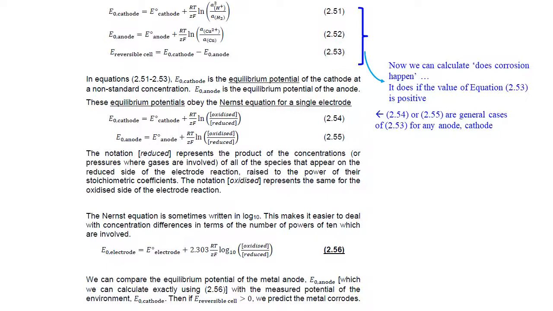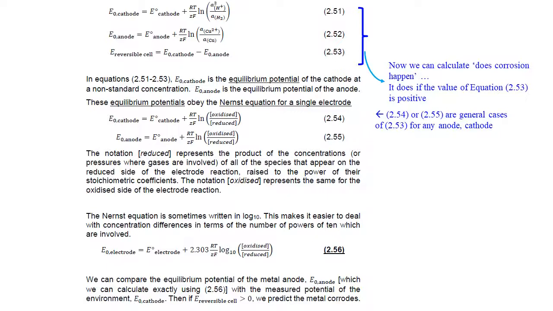Remember, of course, we often only need to evaluate equation 2.55 in the general case for the possible metal anode, because the cathode equilibrium potential is going to be replaced by one measurement of a real environment containing multiple possible cathodes. So that, on page 17 up to equation 2.55, is the main part of the Nernst equation derivation dealt with. A couple more things to say.